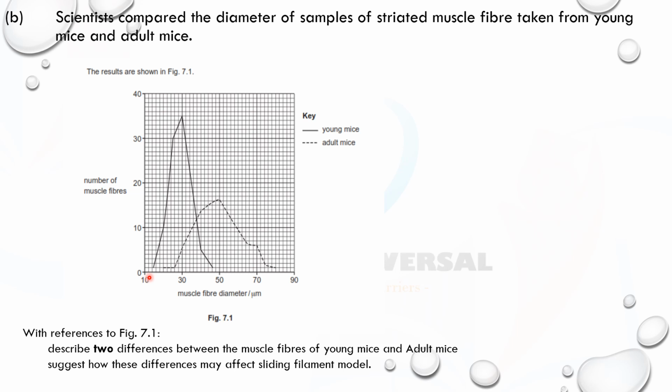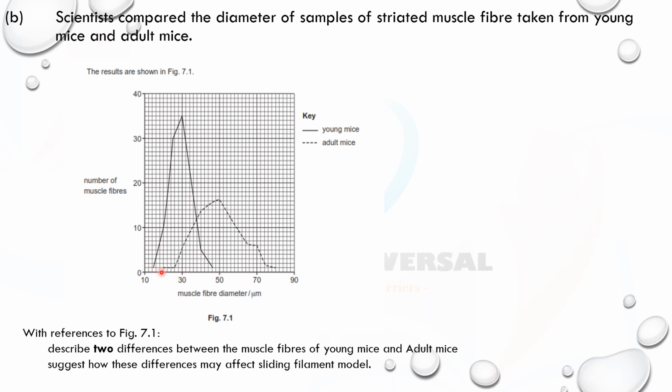Very important. Because it says describe two differences, if you look at this, one of the differences for young mice is the range of the diameter. The range of diameter here is from about 14 or 15, and because each box is 2, to about 46.